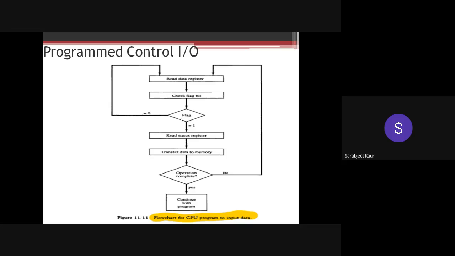After it is completed with the IO program, it comes back to the main program, not the calling program in this case, but the earlier program that it was executing. Calling program is when you execute a subroutine.